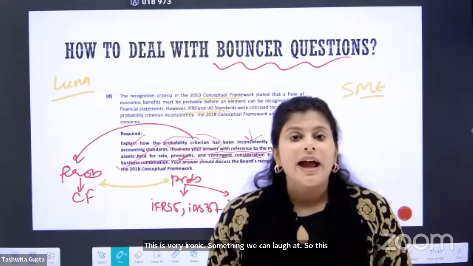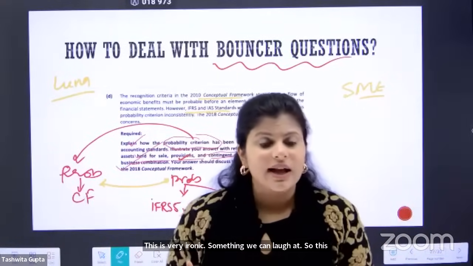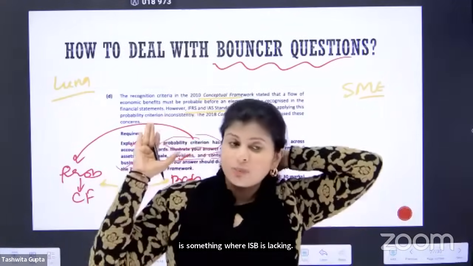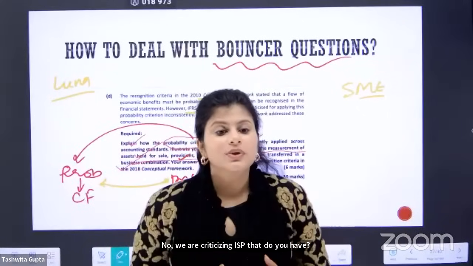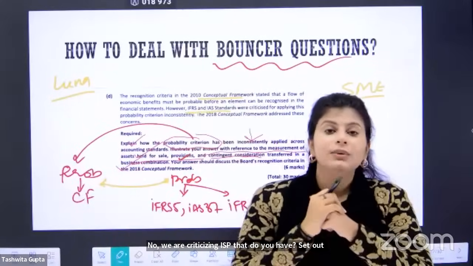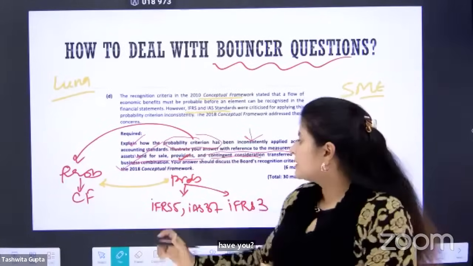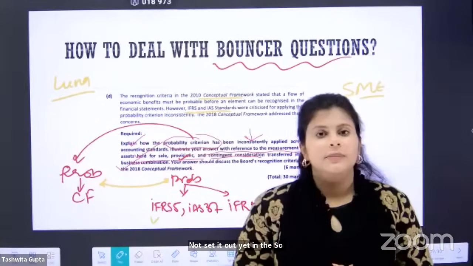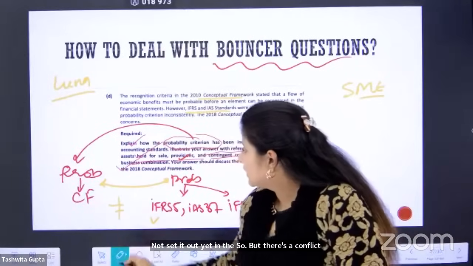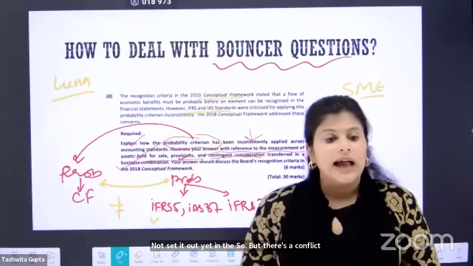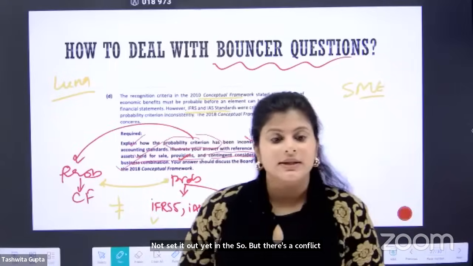This is something where the ISB is lacking. We are criticizing the ISB: dude, you have set out probability away in the conceptual framework, but why have you not set it out yet in the IFRS? So IFRSs need revision. But there's a conflict here. You will mention that conflict, and who wins the conflict?